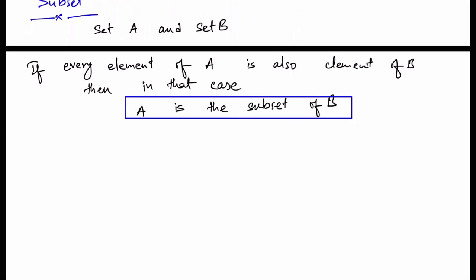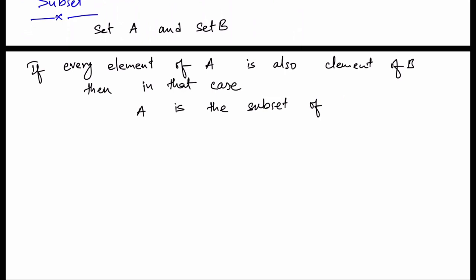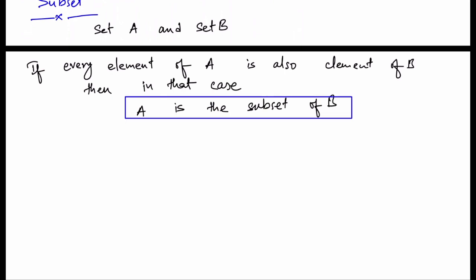Now, if every element of A is also an element of B, then we can say that A is the subset of B. Now we will take an example.